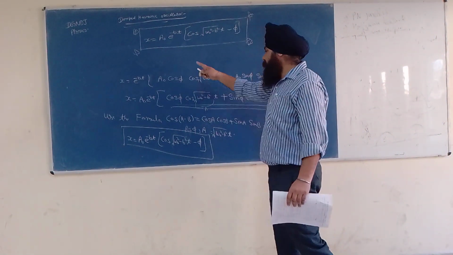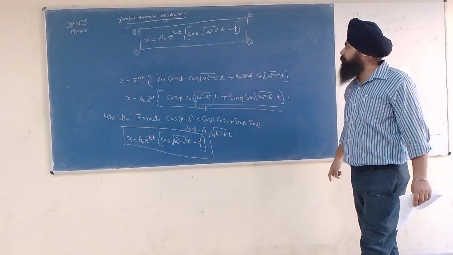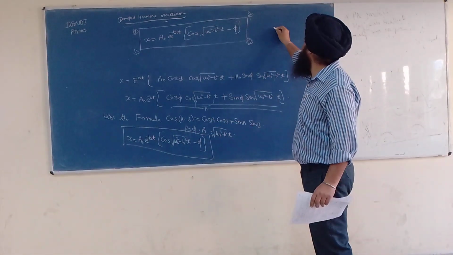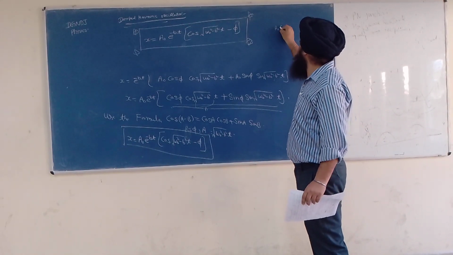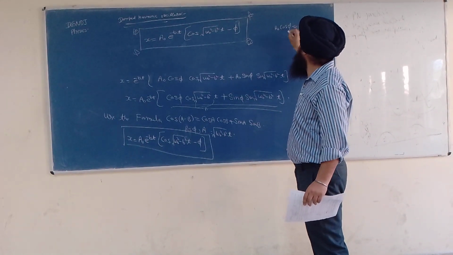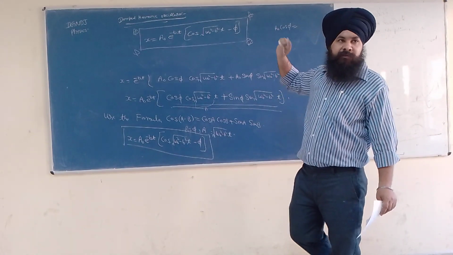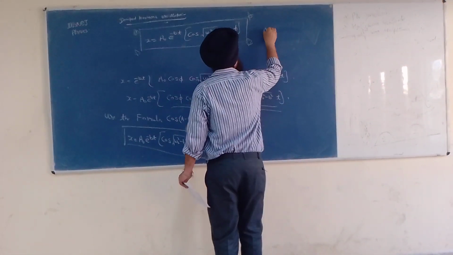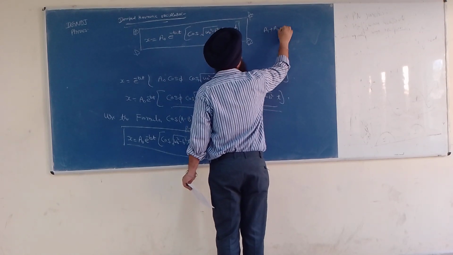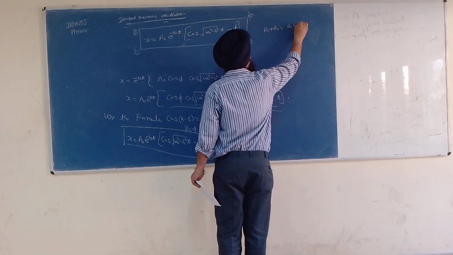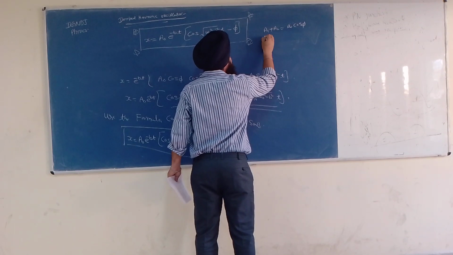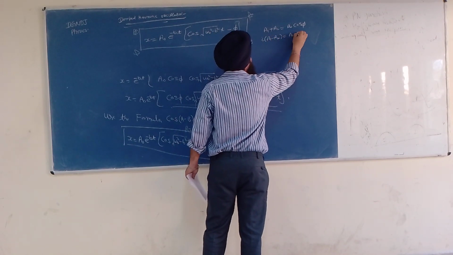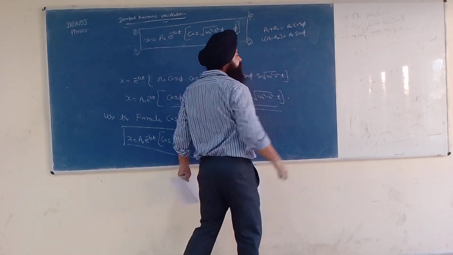Now let us solve equations number 11 and 12 also. See what we have assumed. We have assumed that a1 plus a2 is equal to a0 cos phi, and iota (a1 minus a2) was equal to a0 sin phi.